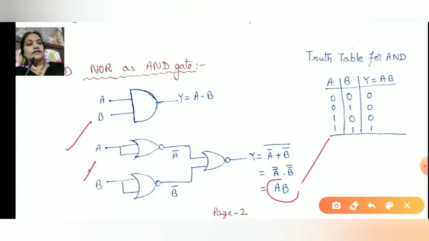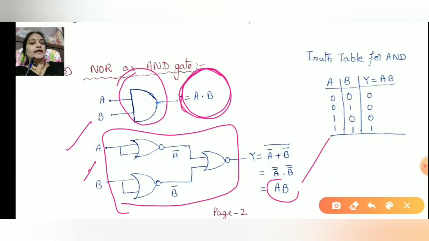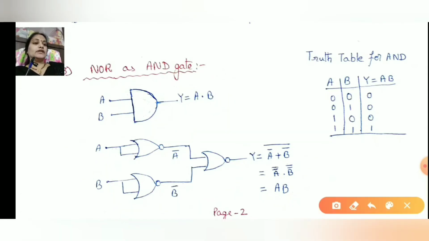But we didn't use any AND gate, and we have used only NOR gates. That means the AND operation can be satisfied by using 3 NOR gates. Thus, we have verified the AND operation by using NOR gates.